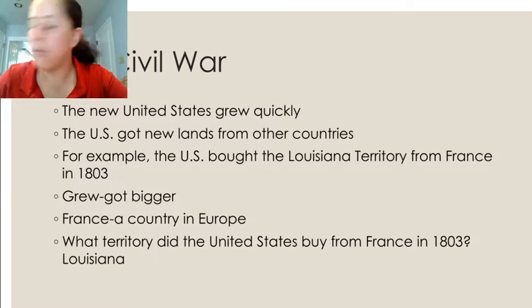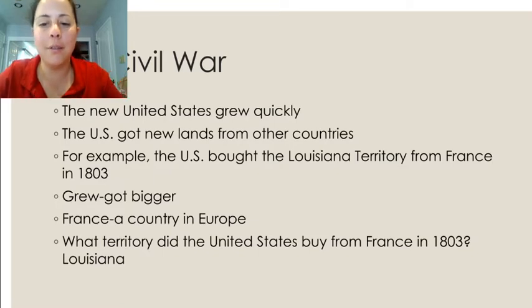Where did Florida come from? Spain. The United States bought the Florida territory from Spain in 1819. Very good.